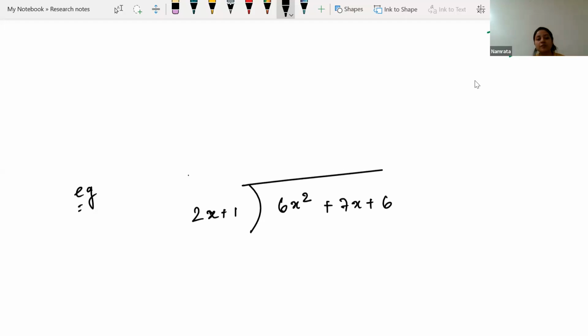How will we do the division? This is 2x, this is 6x square. So we must take 3x over here, right? Okay.